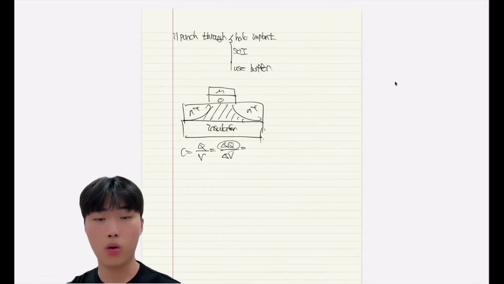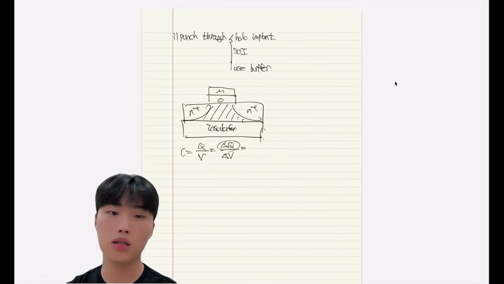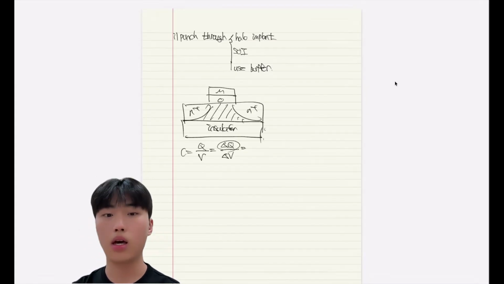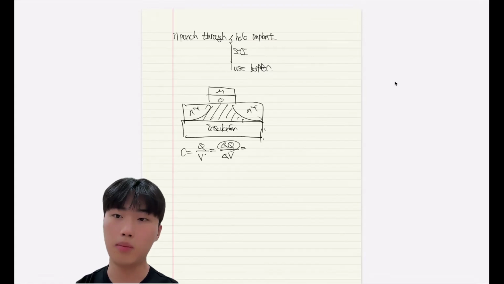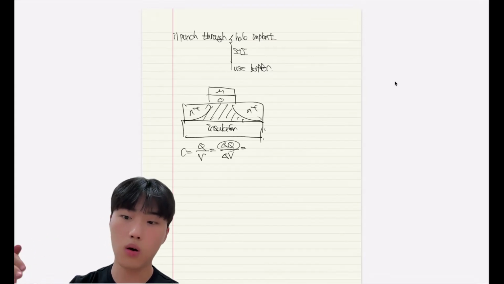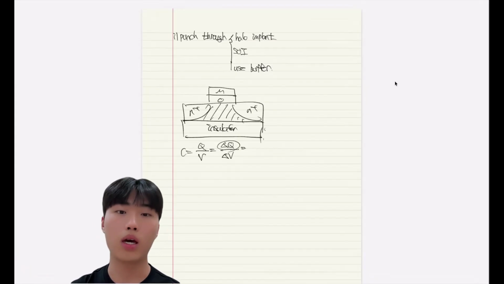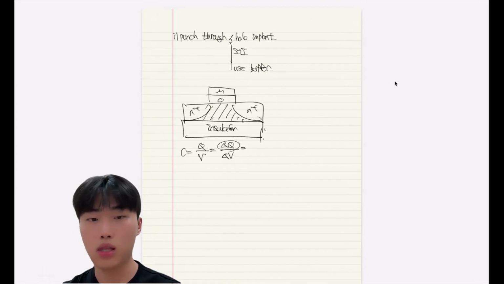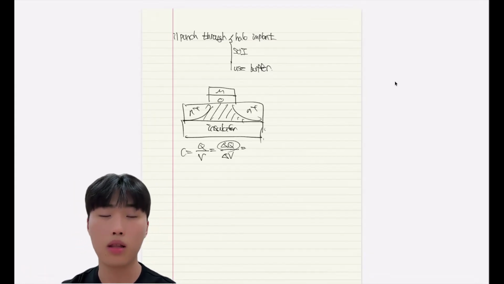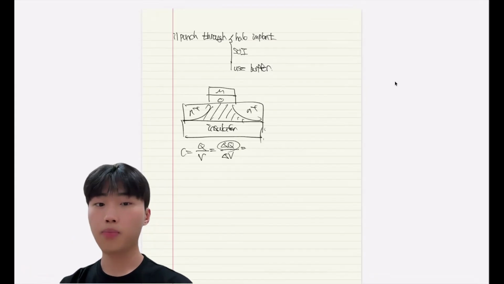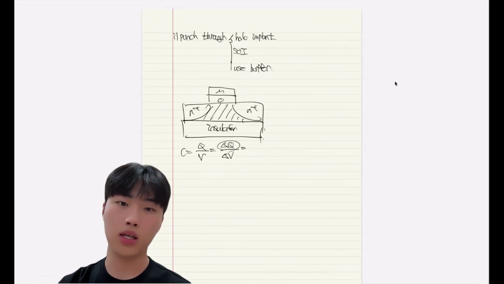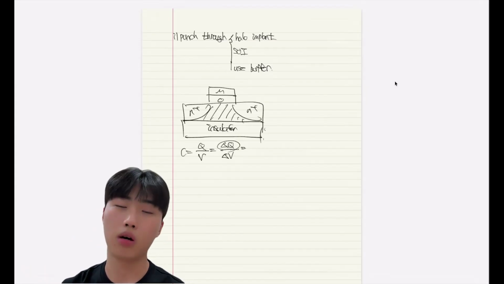So there is no capacitance on the bottom side, and we can make the depletion region go through the body side. So we can prevent this problem like punch-through, but this has another problem.